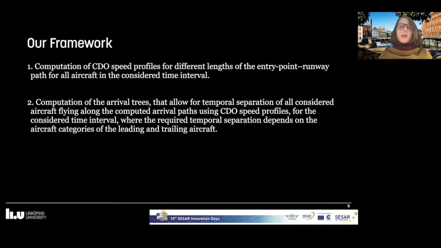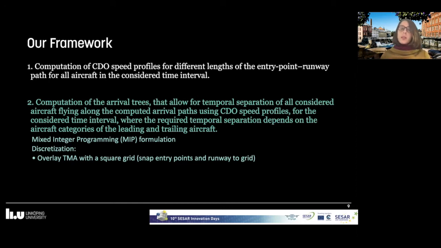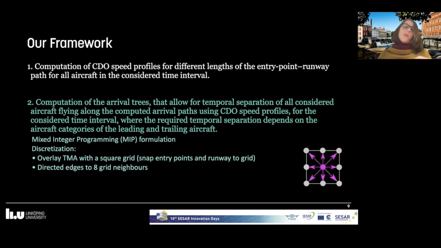To compute these arrival trees, we use mixed integer programming. And in particular, we use a discretization. We overlay our TMA with a square grid. And then each vertex has directed edges to its 8 neighbors, like the pink one on the right-hand side. And these directed edges are the building blocks of our arrival trees.